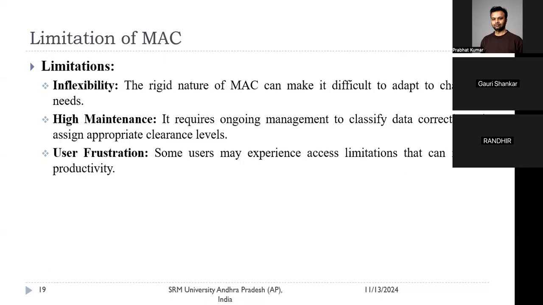Now the limitation is basically that it is inflexible. The rigid nature of MAC makes it difficult to handle changing needs. So if tomorrow you need to change the label of a particular user, you have to go and change your rules of mandatory access control. Then classifying data correctly, which data will come in which label, is a very difficult task.